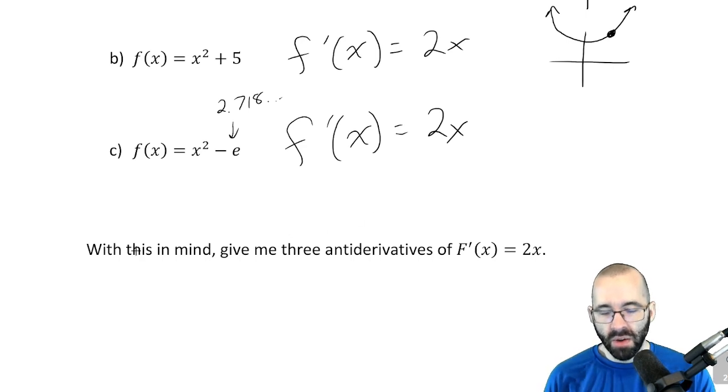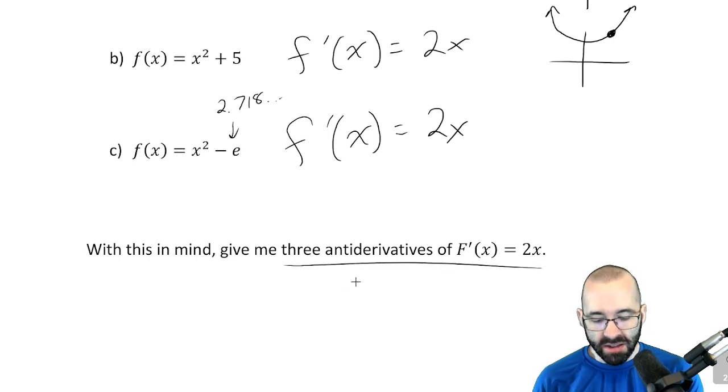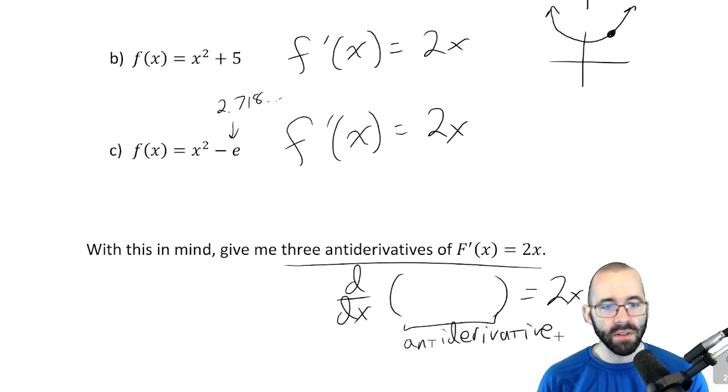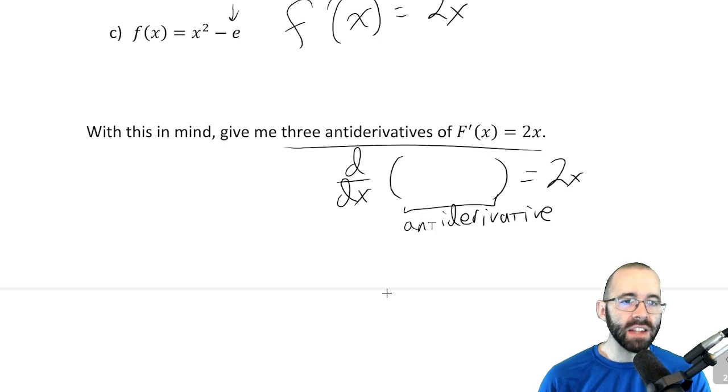So, with this in mind, give me 3 antiderivatives of this function. Again, what this means is the derivative of what equals 2x. This inside the blank here is your antiderivative. Okay, that's what antiderivatives are all about.